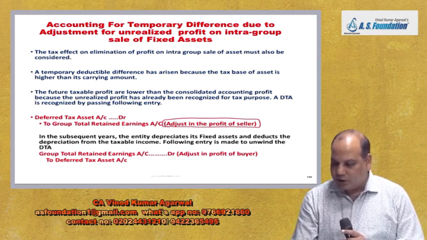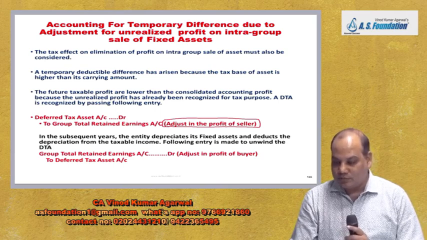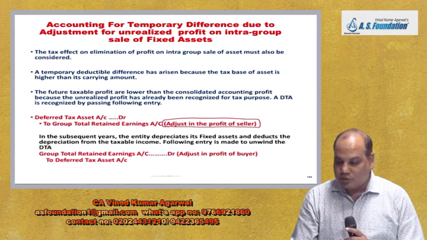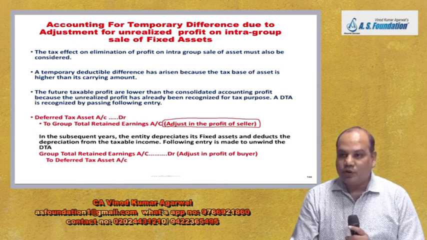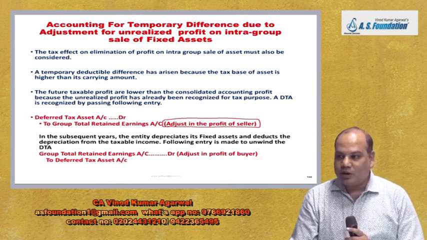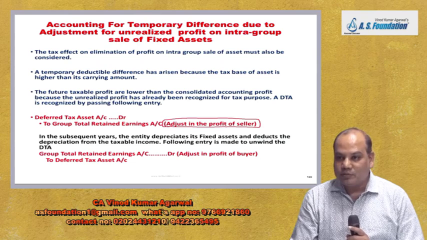So if it is parent company, adjust in the profit of the parent. If parent has sold. If the subsidiary has sold, adjust in the profit of subsidiary. And if you adjust in the profit of subsidiary, it will automatically get bifurcated between NCI and the parent.